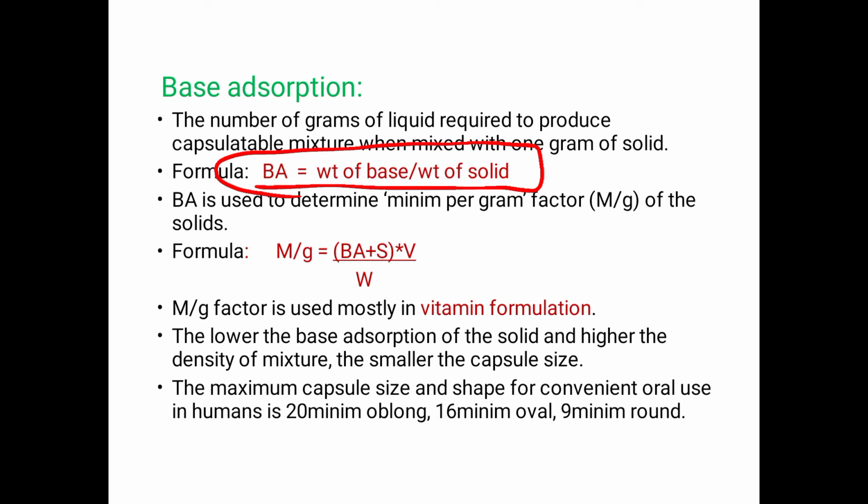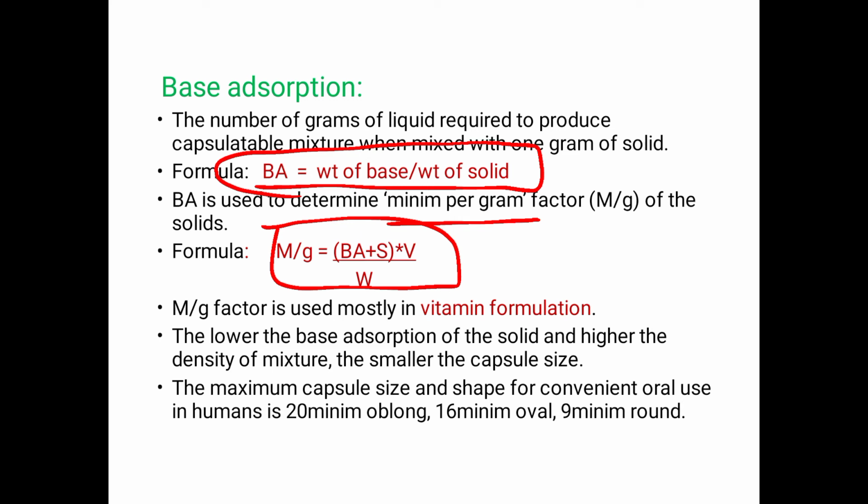Base adsorption is used to determine the minim per gram factor of the solids. The formula is: minim per gram factor equals base adsorption plus 1 gram of solid, into volume in minims by W, where W is the weight of the mixture. This is the formula.